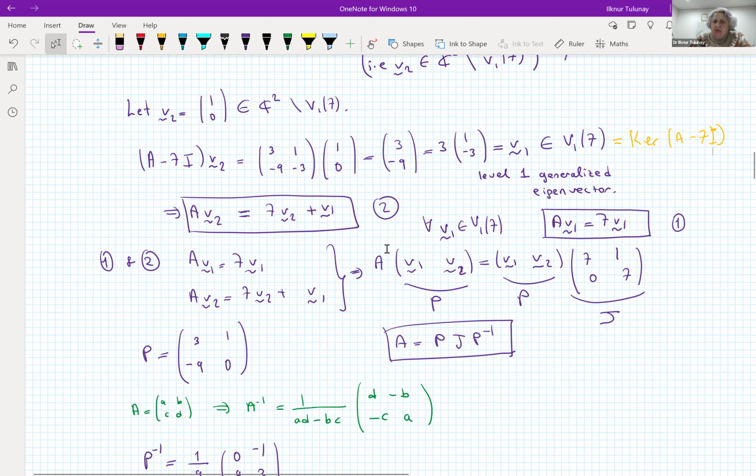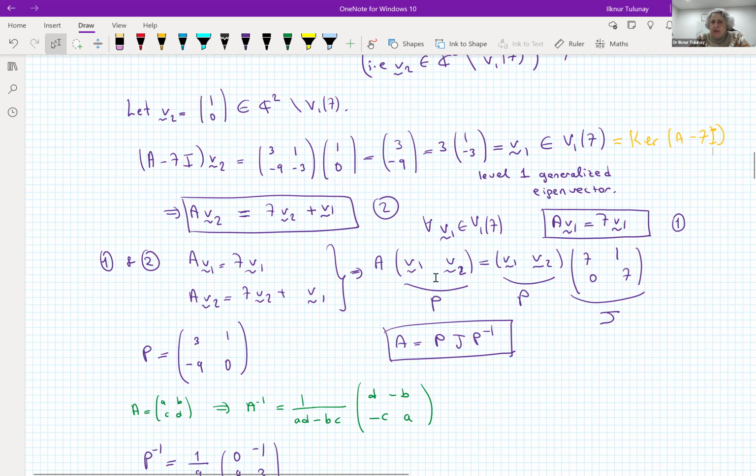This times this, AV1 is equal to 7V1, which is this row with this column, 7V1 plus 0V2, right? This one is satisfied. So for this equation, AV2 is on the left-hand side. On the right-hand side, this row with this column, V1 plus 7V2, which is this equation on the right-hand side. So this equation is exactly this matrix equation.